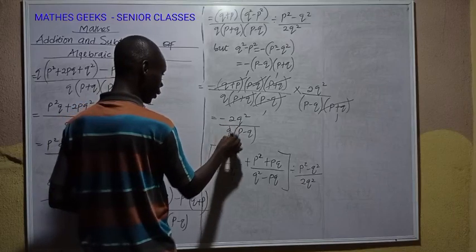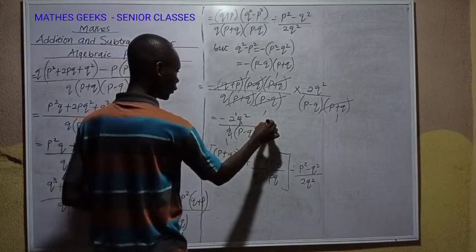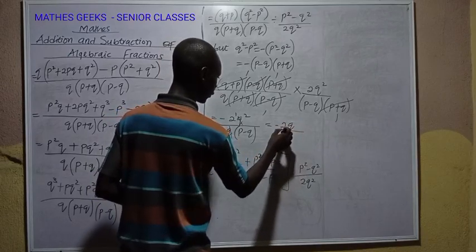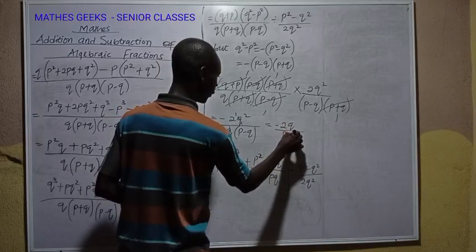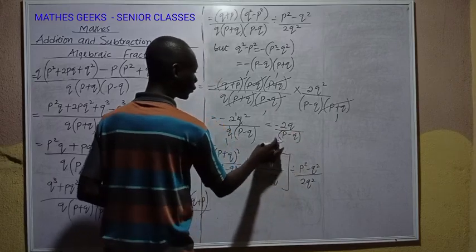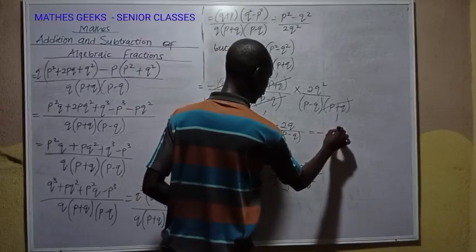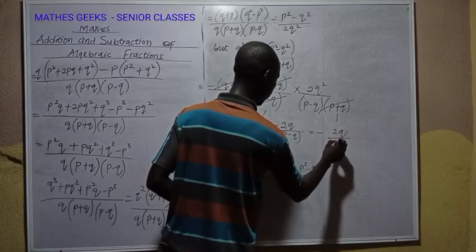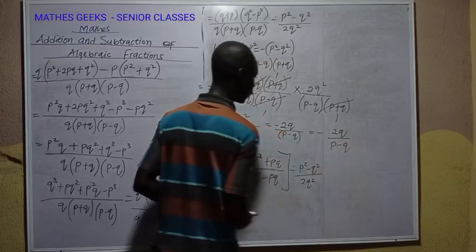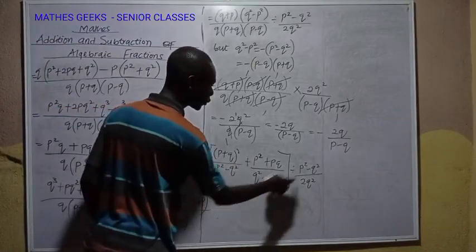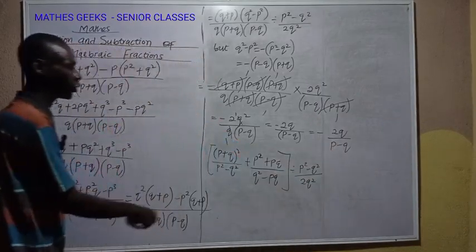We cancel q here to give us minus 2q over p minus q. That's the final answer. So this is the original expression and this is the final answer that we got.